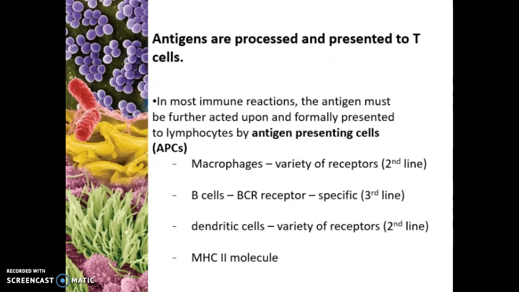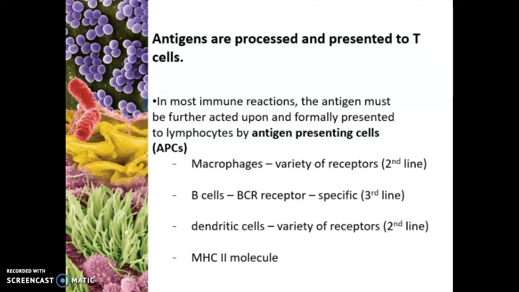All right, almost finished here with Section 3. Antigens have to be processed and presented to T cells in order for them to be activated. So, in most immune reactions, the antigen has to be digested. Once it gets picked up by a cell that has the receptor on it that can specifically bind to the antigen, it pulls it in through phagocytosis and digests it.